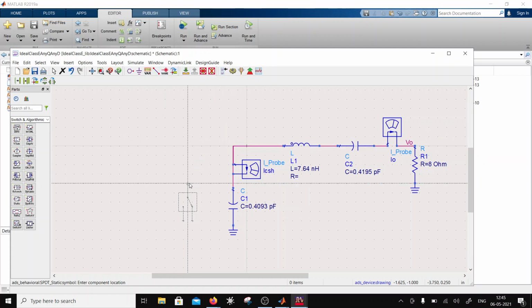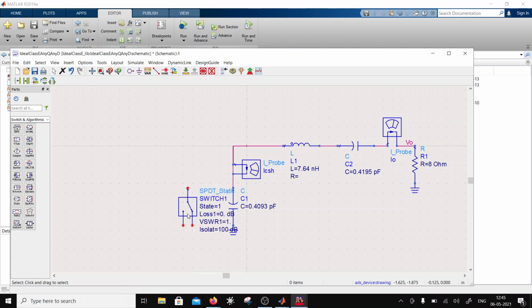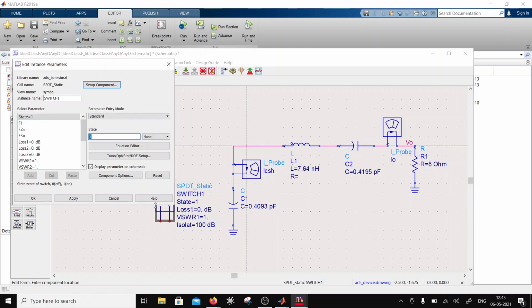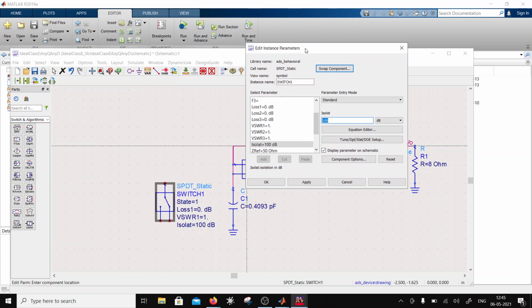Right now I'm not going to put any of this stuff. Isolation is 100. So where is the turn on voltage for this one? Just one second.